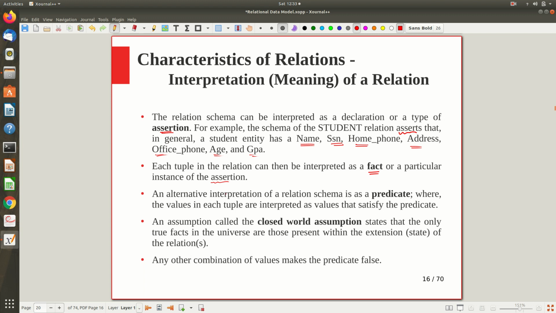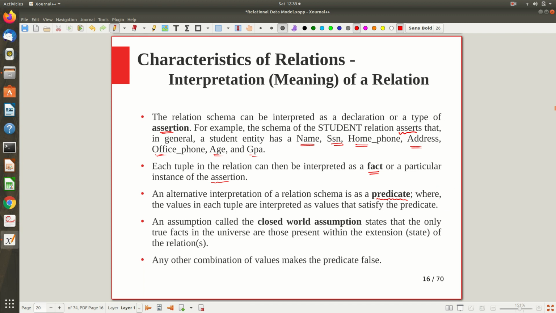Now an alternative interpretation of the same relational schema is interpreting it like a predicate. And you know what a predicate is from first order logic, I hope. The values in each tuple are interpreted as values that satisfy the predicate. So we can think of any predicate, and at any time the values of that particular relation will be the tuples which satisfy the predicate.